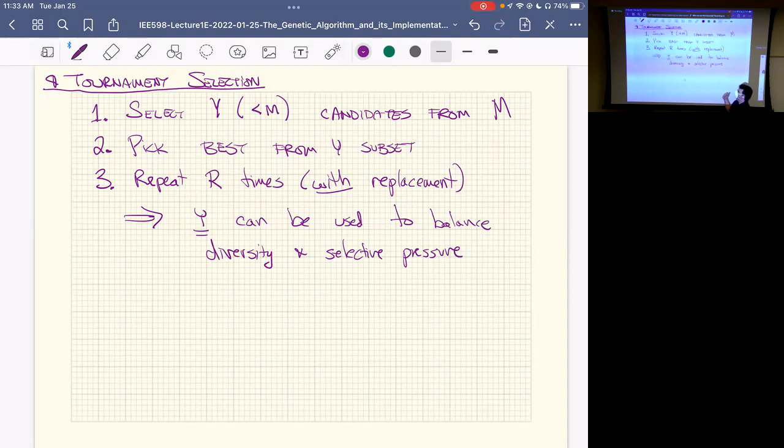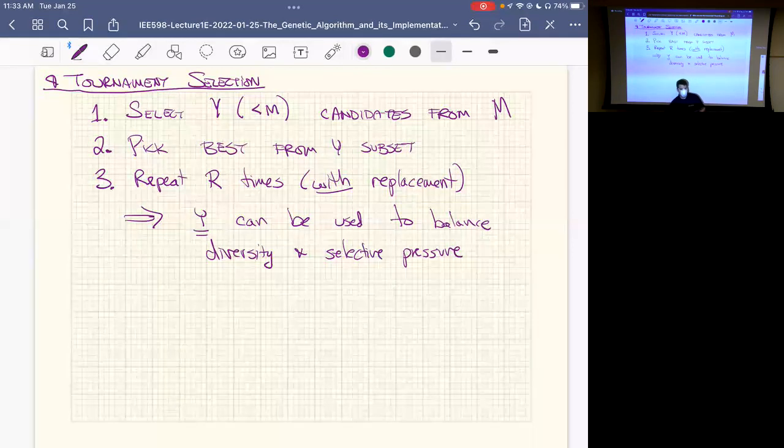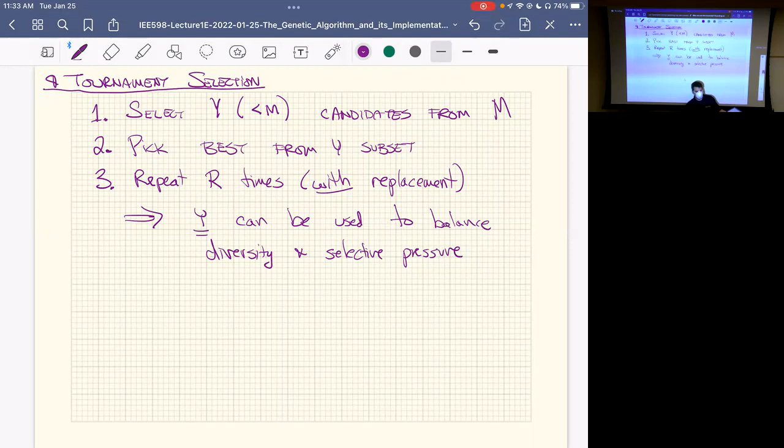People like it because this hyperparameter is a really good one for either promoting or demoting fitness advantages. If you set it low, it demotes fitness advantages. There might be one individual in the population with super high fitness, but if this is set low, it's very unlikely that individual is going to get chosen in a tournament.